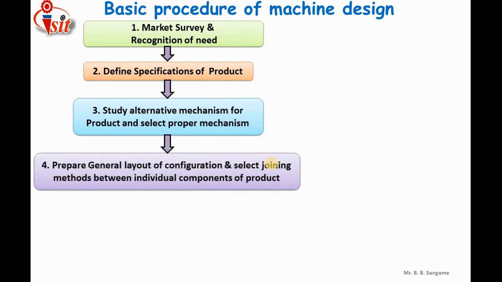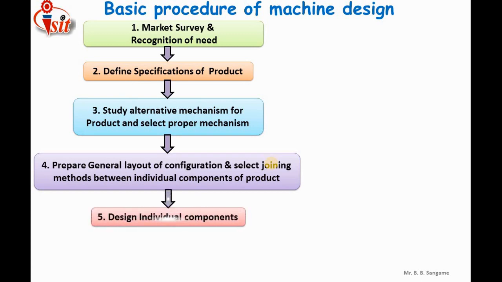The fourth step is to prepare a general layout of configuration and select joining methods between individual components of the product. At this stage, the design engineer has to prepare a general layout of the components, how many components there are in the machine, and decide the method of joining, that is, the method of assembly of all components to produce a machine.